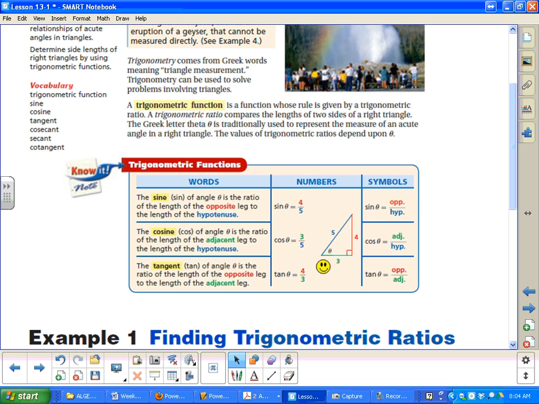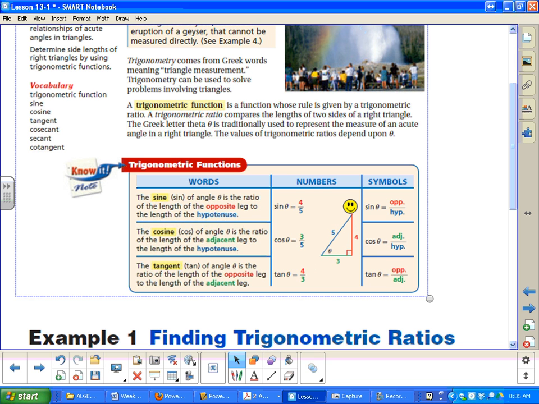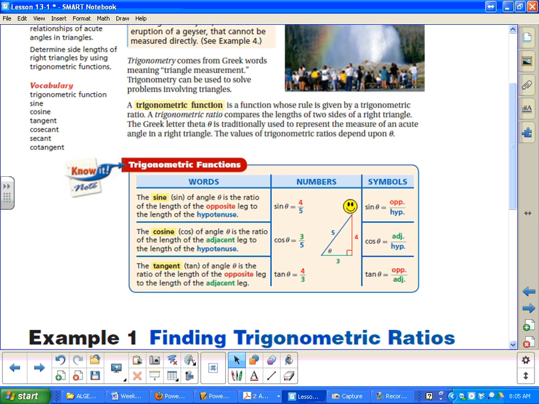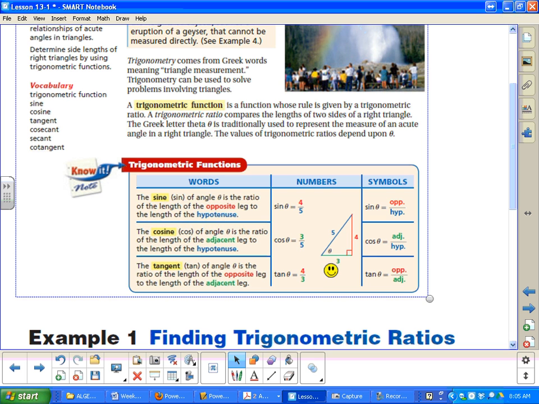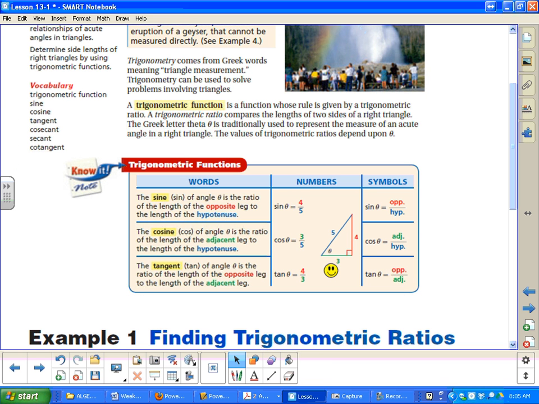If I was talking about the other angle, up here, then the 4 would be the adjacent side and 3 would be the opposite. It just depends on which angle you're talking about. So we're looking at theta down here, and the opposite side is 4 and the adjacent side is 3. So we would say that sine of theta is equal to 4/5.